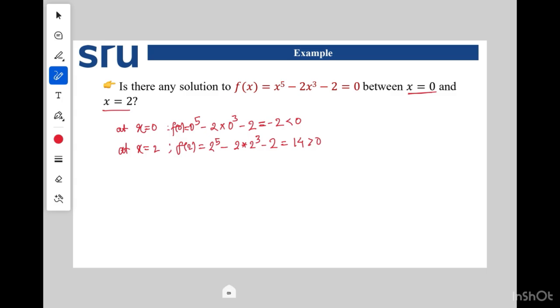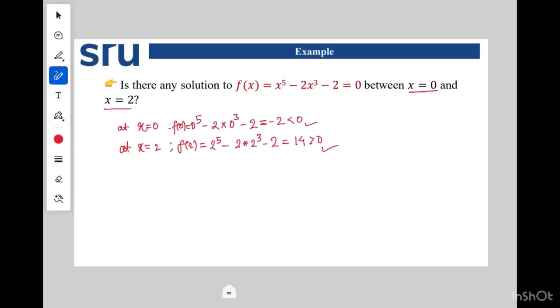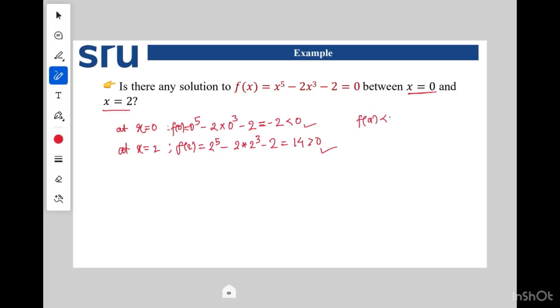Now at x = 0 the function value is less than 0, and at x = 2 the function value is greater than 0. Here f(0) is less than 0 and f(2) is greater than 0.